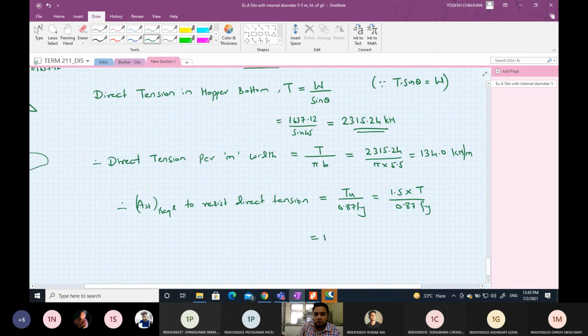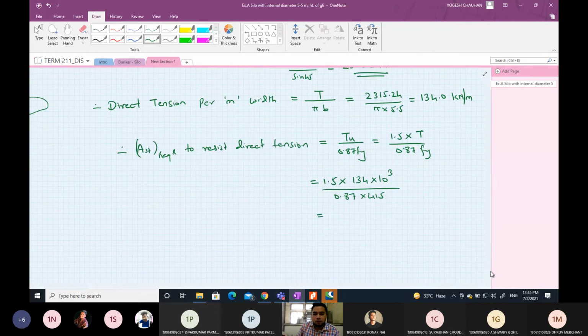So that will be 1.5 into 134 into 10 to the power 3 divided by 0.87 into 415. So this will give you 556.68 mm square. Verify these values at your end.